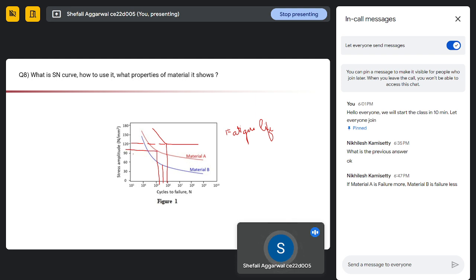However, material A can endure more stress as compared to material B. It will fail before material B, within a smaller number of cycles. However, material A can endure more stress at that point, so its endurance limit is higher. However, its fatigue life is much less as compared to material B. So your answer is correct. What other properties can we get from the S-N curve?